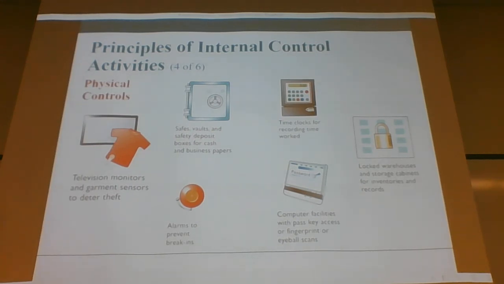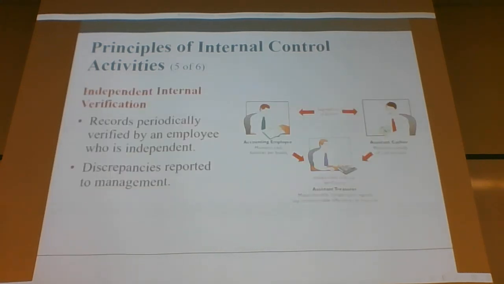These are all physical controls. Again, another control procedure. And then we have what is referred to as independent internal verification. This is where we use management to hopefully verify what an employee has done.